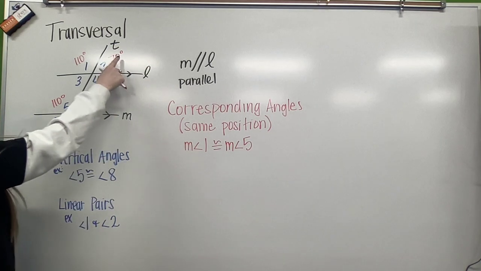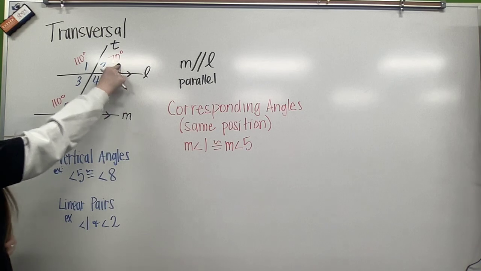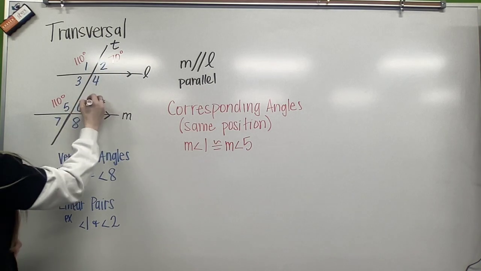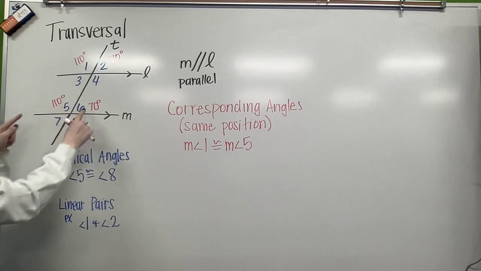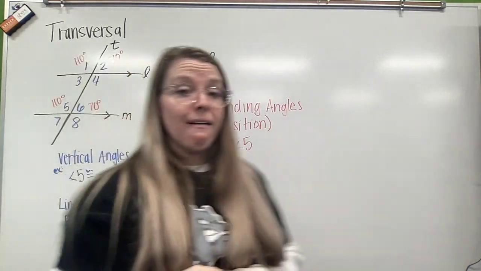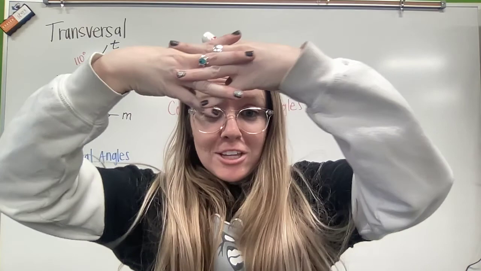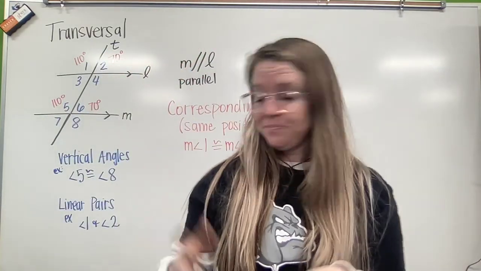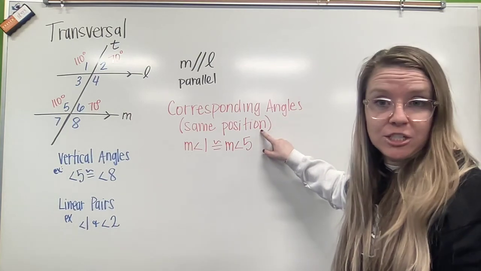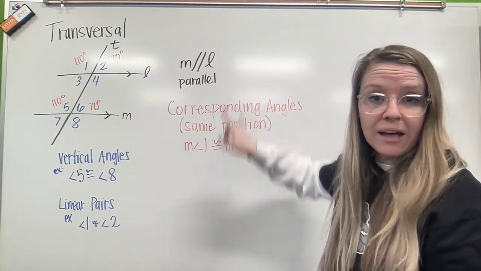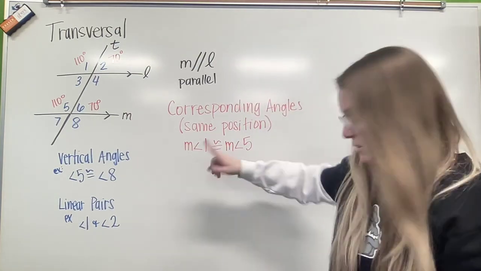If angle 2 is 70 degrees, its corresponding angle, angle 6, is also 70 degrees, which means it's supplementary with angle 5. Okay? These are all interlocked together. They work together. It's pretty cool. All right. Corresponding angles, they're in the same position. And because our lines are parallel, they are congruent.